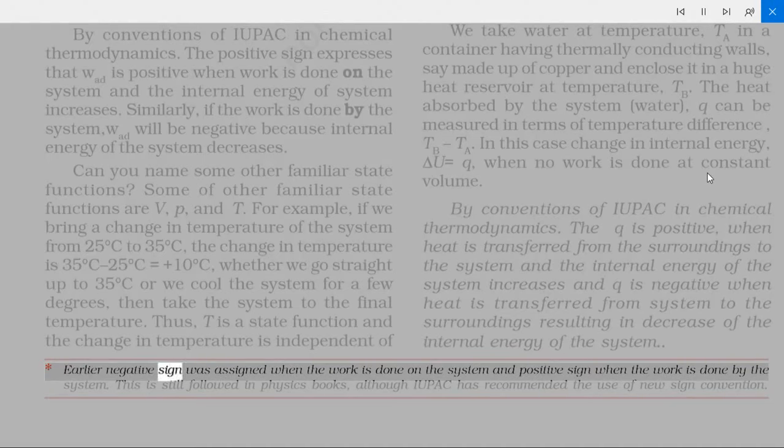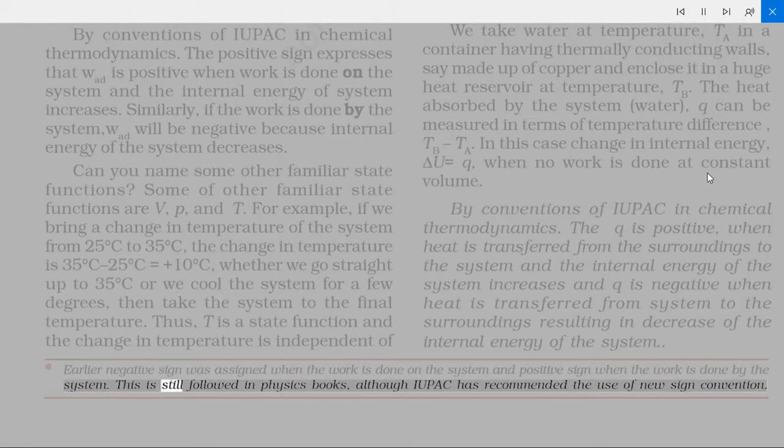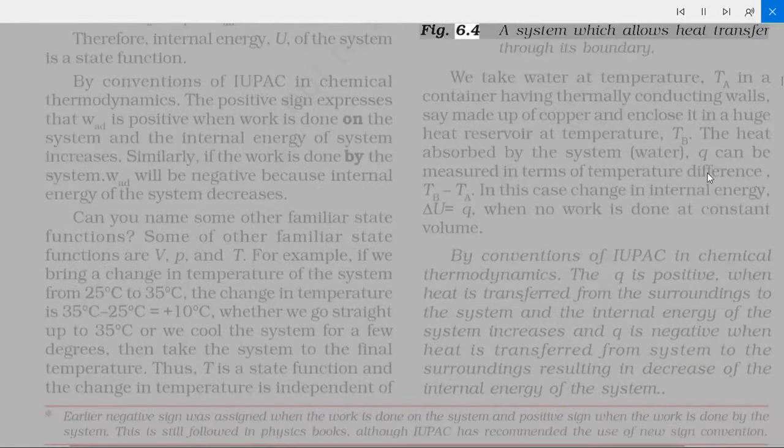Earlier negative sign was assigned when the work is done on the system and positive sign when the work is done by the system. This is still followed in physics books, although IUPAC has recommended the use of new sign convention. Fig. 6.4, a system which allows heat transfer through its boundary.